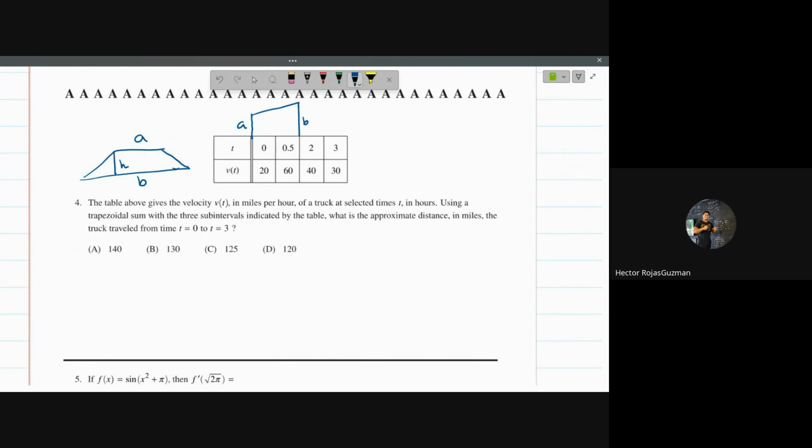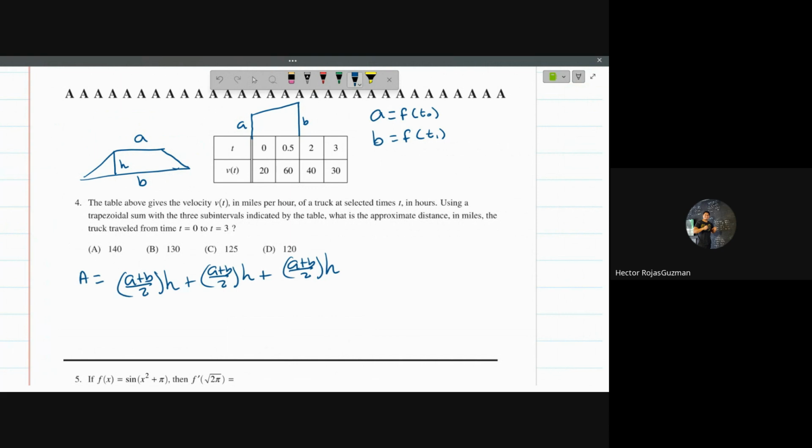So think about A being the first value and think of b as being the value of the function for your next value. So, okay, if we're going to do the area, we're going to have to do (a plus b) over 2 times the height plus (a plus b) over 2 times the height plus (a plus b) over 2 times the height.